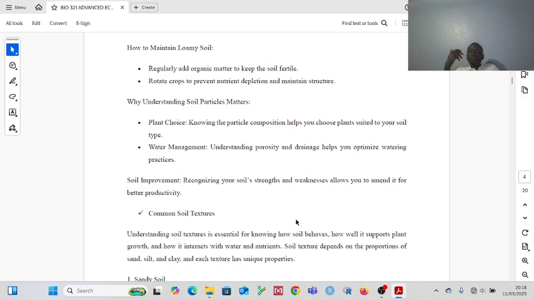So when you've understood the type of soil particle where you want to grow plants, you'll be in a position to know how you can improve that particular soil type.